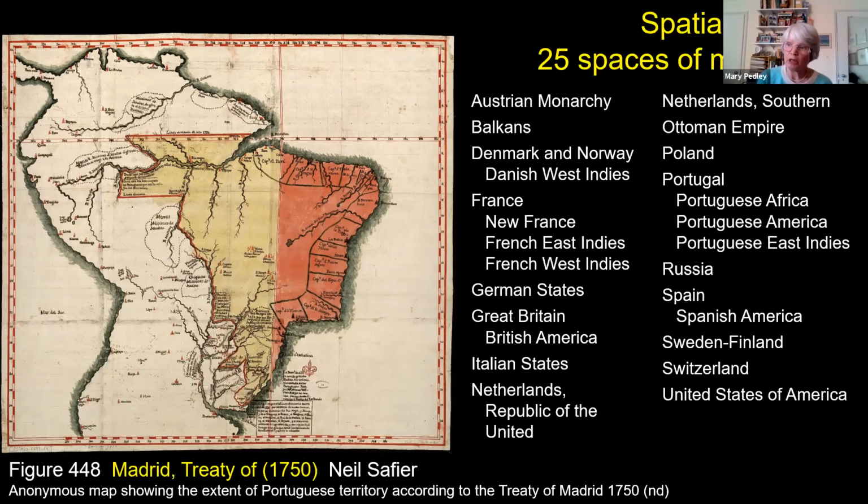This particular manuscript map shows the Portuguese territory in red as it was determined after the Treaty of Tordesillas of 1494, famous treaty where the Pope divides the world into east and west of Portuguese and Spanish holdings. And then the area in yellow on the left, the area of South America that would be Portuguese after the terms of the Treaty of Madrid.